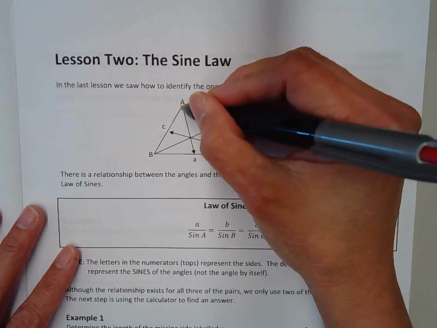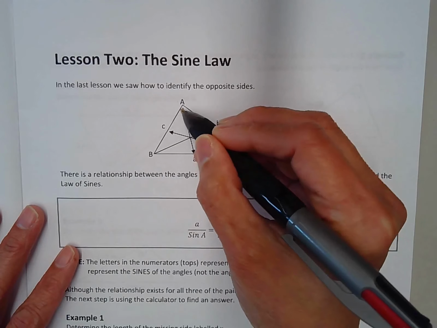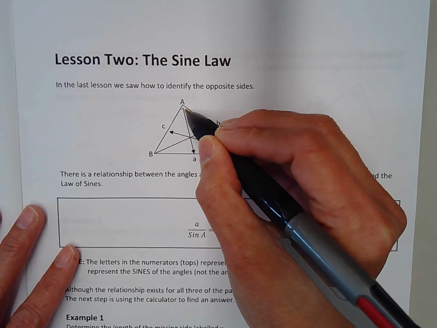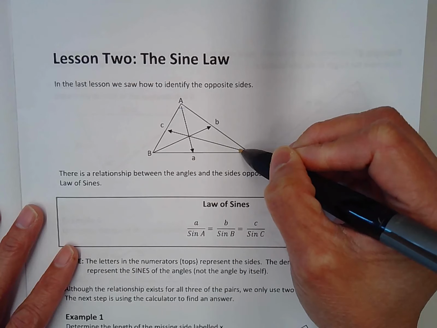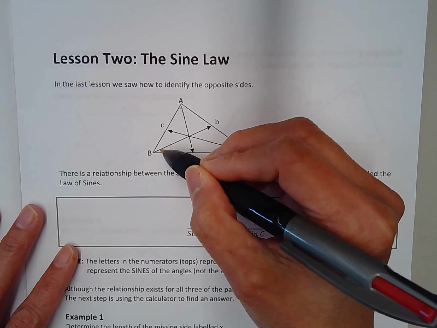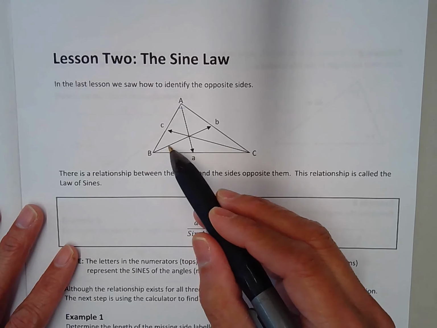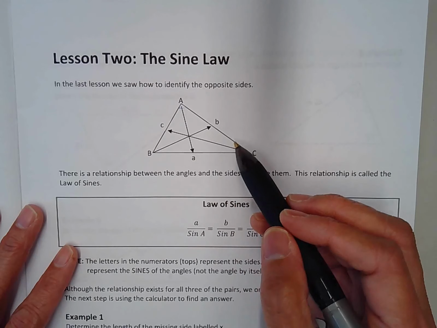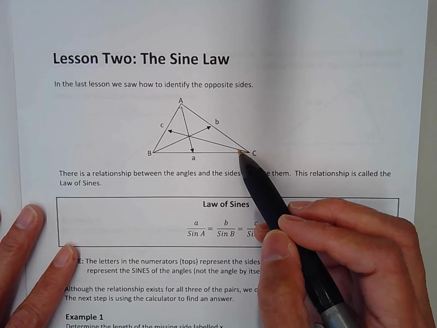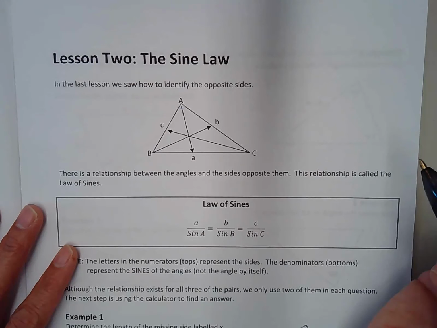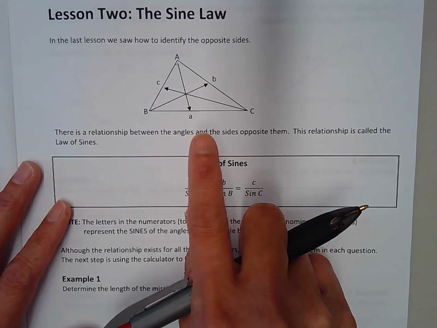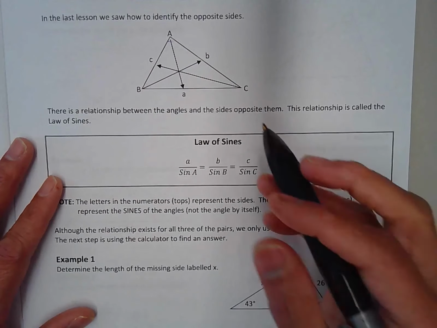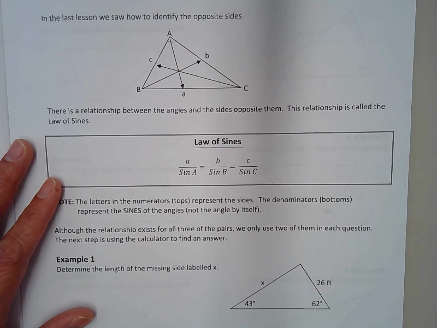We have angle A, and angle A opens up to side A. Right across angle B is side B, and right across angle C is side C. Now there is a relationship between those sides and angles, which is the law of sines. What does it say?